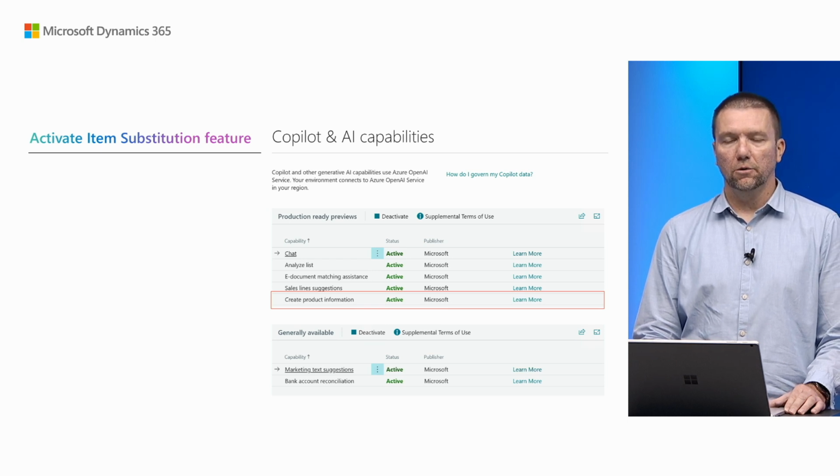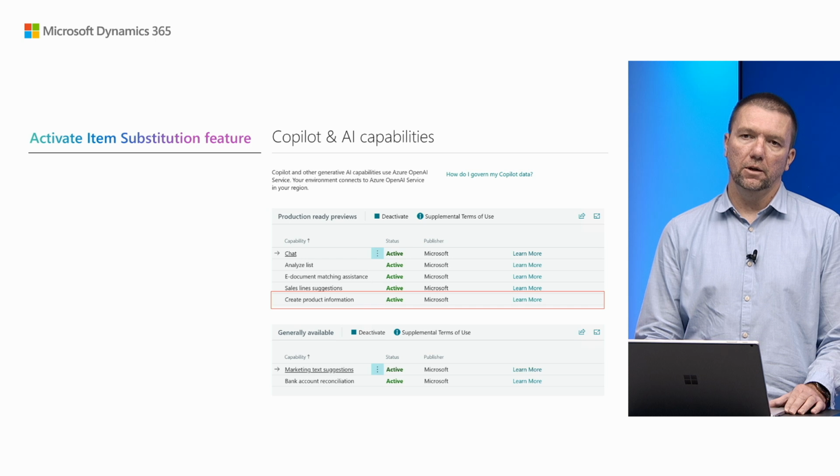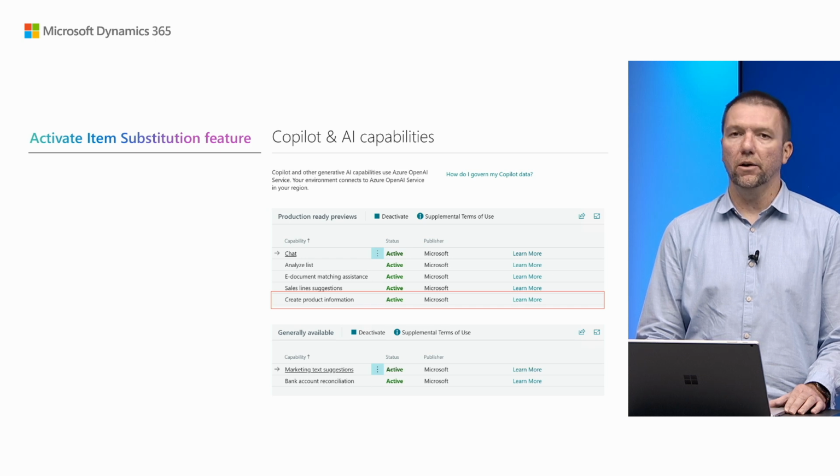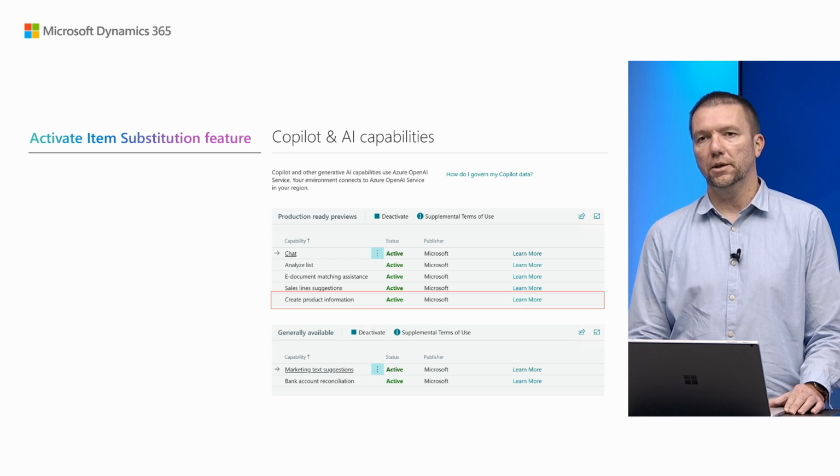The initial idea for us was to deliver a bit more functionality around item substitution, not only the item substitution. However, due to a very strict and diligent process of verifying the feature against responsible AI standards, we had to postpone one piece of this functionality for the future.